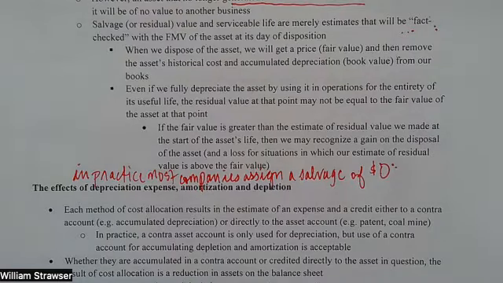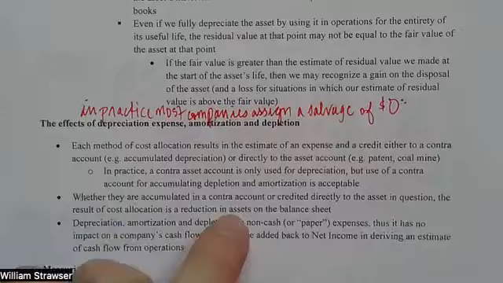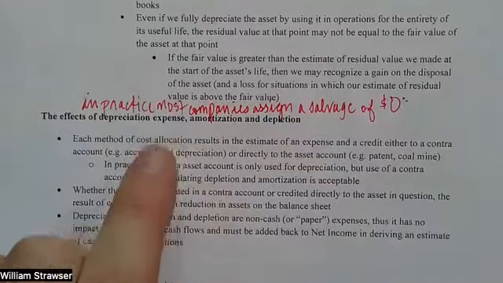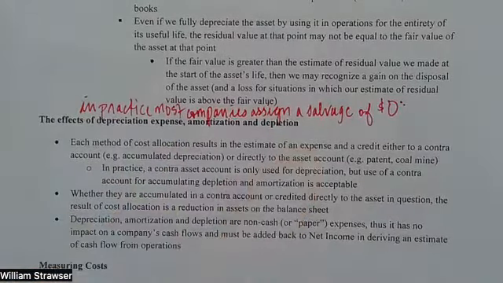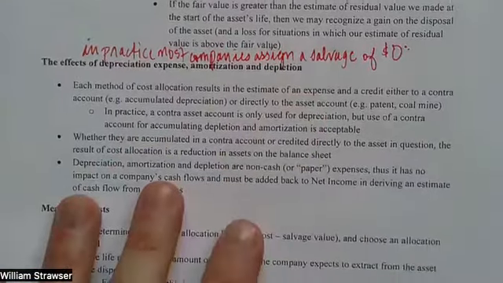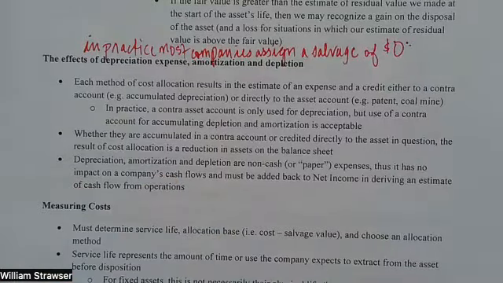The effects of depreciation expense, amortization, depletion. Remember, each of these is just a cost allocation method applied to different classes, categories of assets. Each method results in an estimate of the expense and a credit to the contra account.